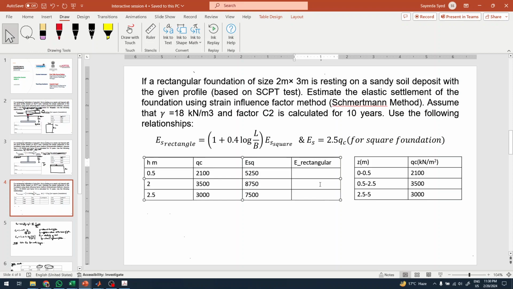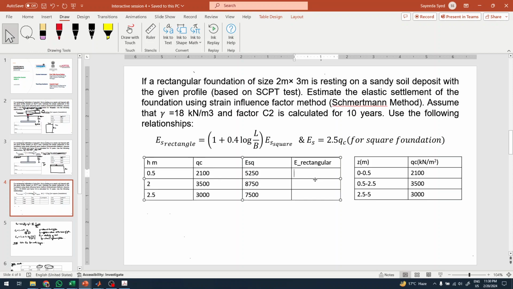So this is 1 plus 0.4 into log to the base 10. L is 3, B is 2. Actually, let us do one thing.